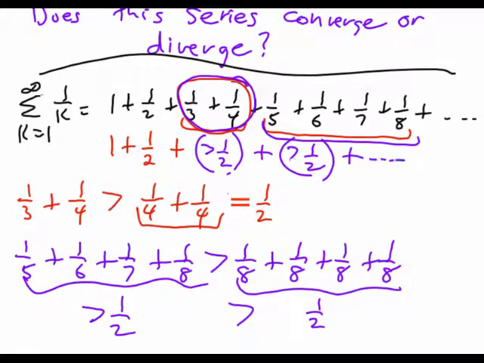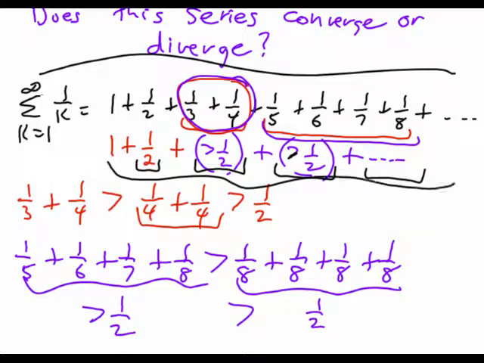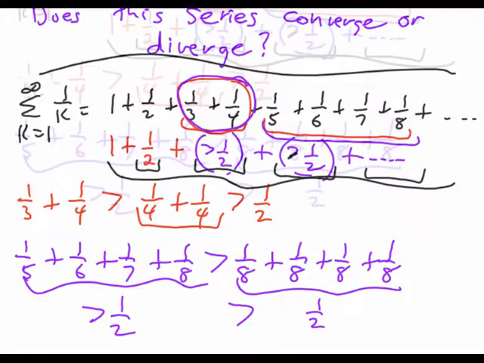Now, if you keep taking more groups of terms, like 8 together, the next 16 together, you're going to end up seeing that this series can be thought of as 1 plus a half plus a number greater than a half plus another number greater than a half plus another number greater than a half. And so I think you can see that this series is going to diverge because I'm continuing to add on at minimum a half, but actually more than a half for every group of terms.